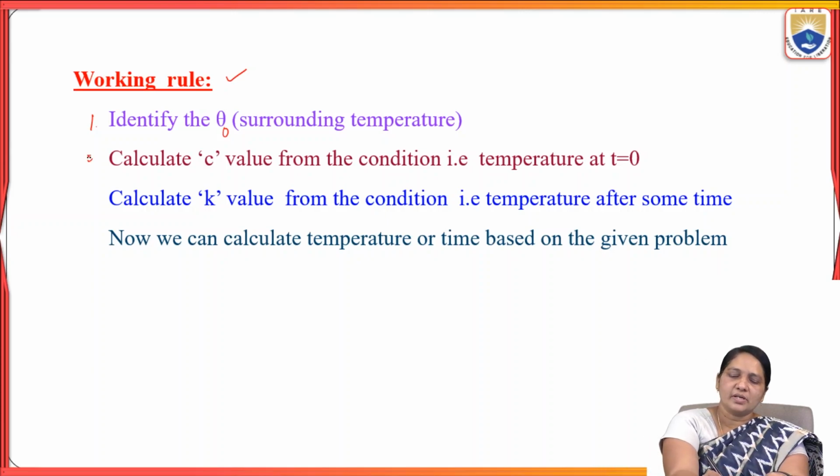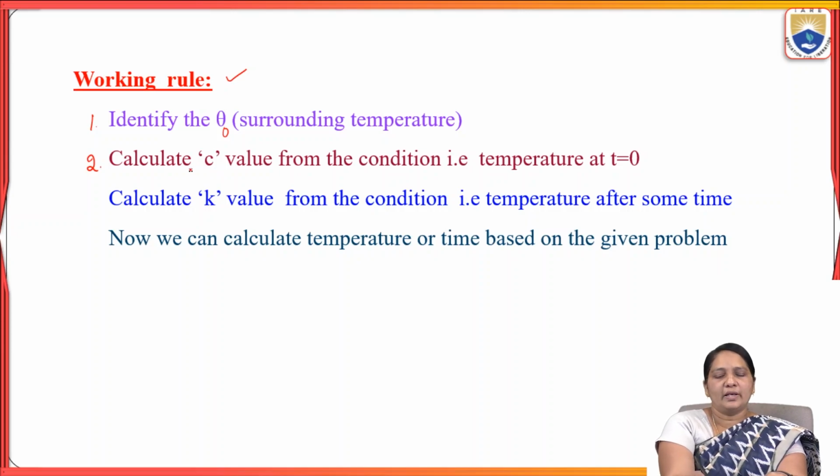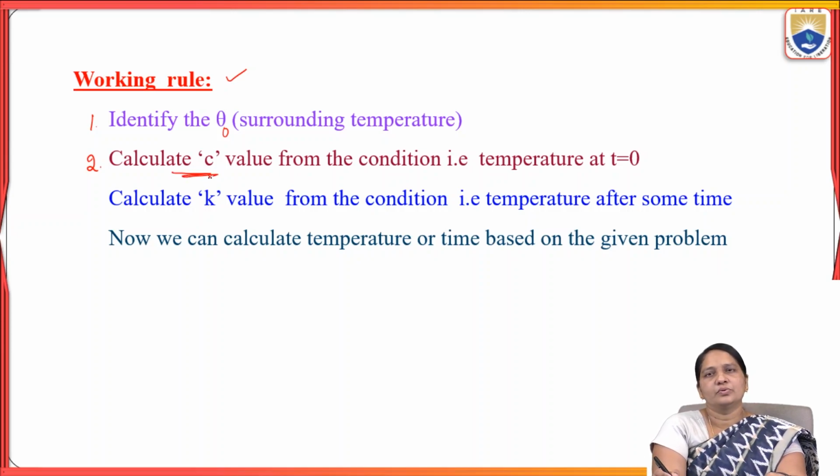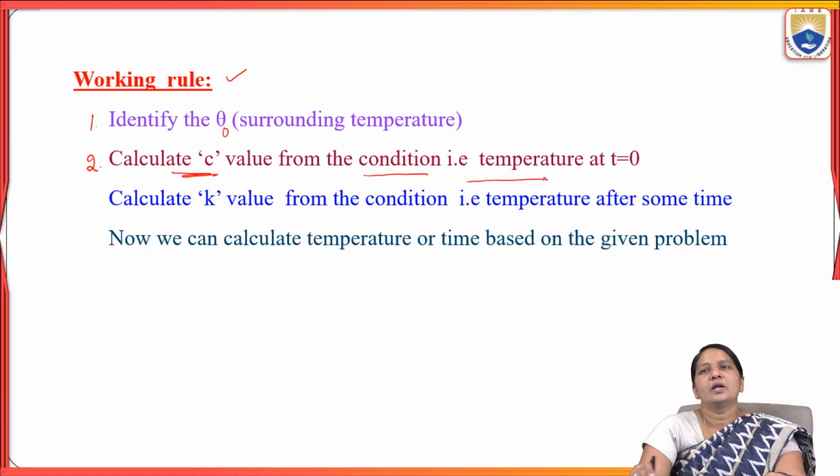In the second step, we have to calculate the C value from the condition, that is, the temperature of the body at t equal to 0. From this first condition we are going to calculate the C value.